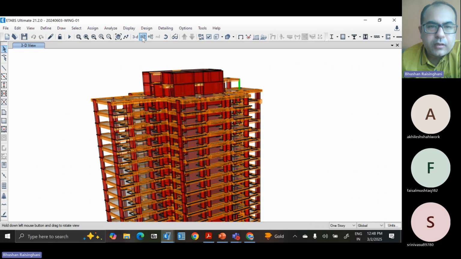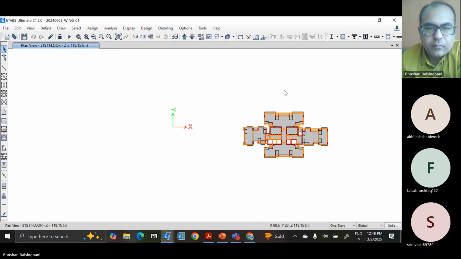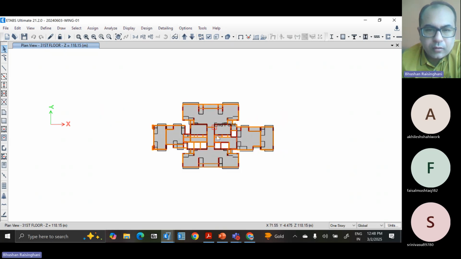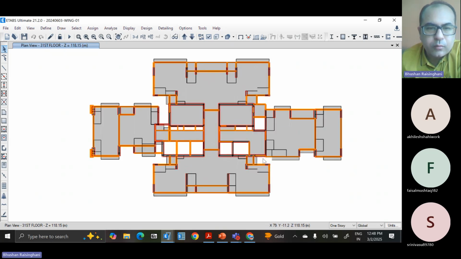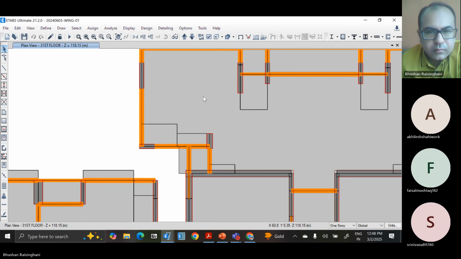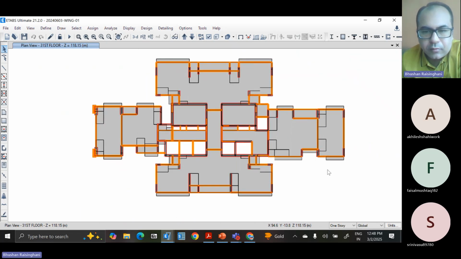And there are many shear walls and columns. So columns are gravity columns and there is a central core. Rigid core is there. And perimeter beam, it is bounded by that.